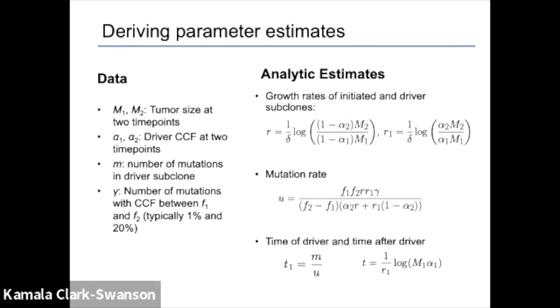So the time between the first parental cell and the driver, and then the driver and the diagnosis. I will note that there is something that we are not able to estimate. If you have ideas, that would be great. We can estimate the net growth rate, but we cannot individually estimate birth and death rates. So that's still an open question.